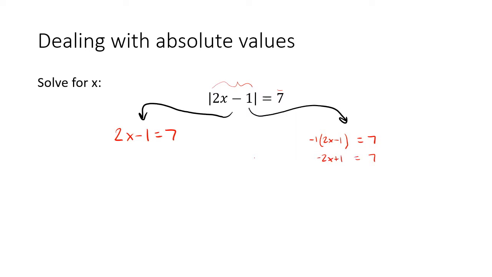Now, if you were to not do that last step and divide both sides of this by -1, you get that 2x minus 1 is equal to -7. So you see, I can write what's inside the absolute value out twice and then set it equal to what it says it's equal to, or the exact opposite of what it says it's equal to. There is that other step though, okay? That's not really what's happening here.